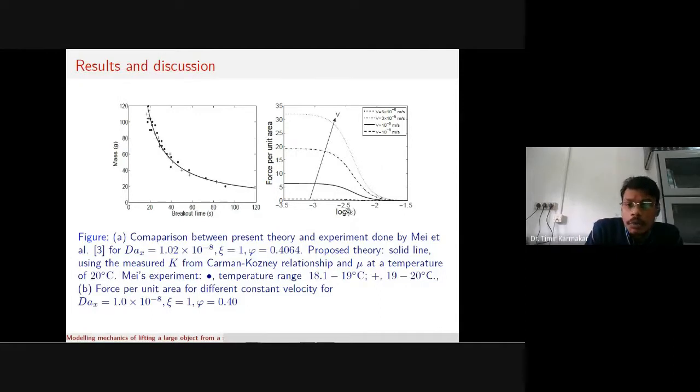And we can see here that up to about 10 to the power minus 2.5 or 2.7, the curve remains almost straight. That means this force remains almost constant. This is called the first turning point. After that it is suddenly decreasing, and after some time it reduces to 0. This is called the first breakout point, and when this force reduces to 0, this is called the second turning point or the breakout point.